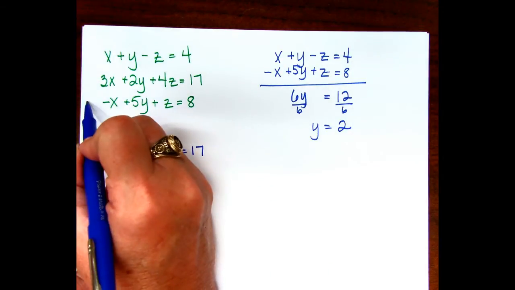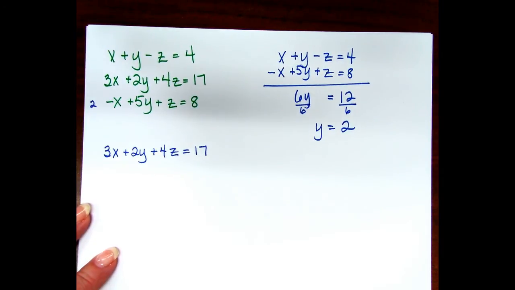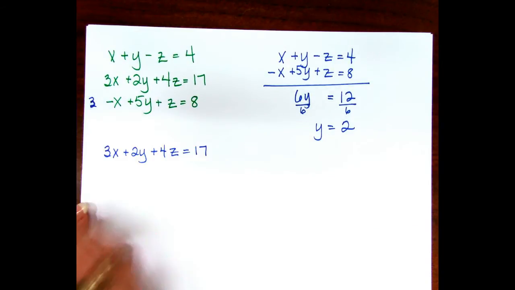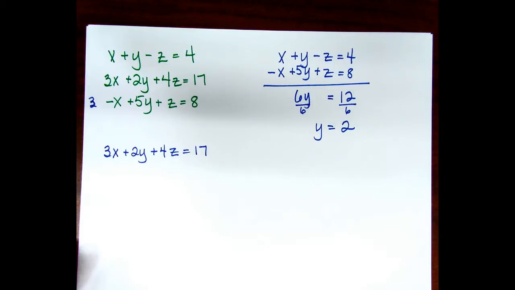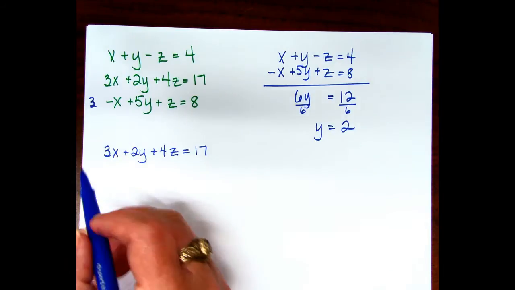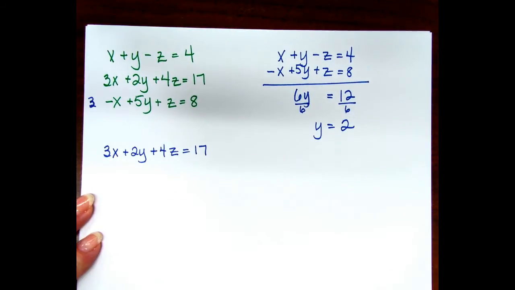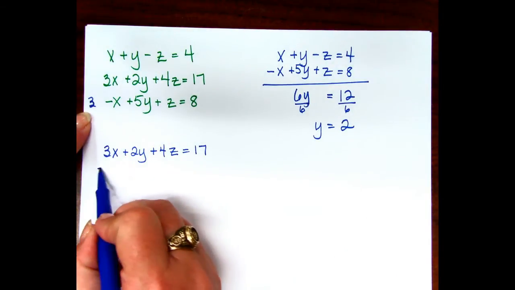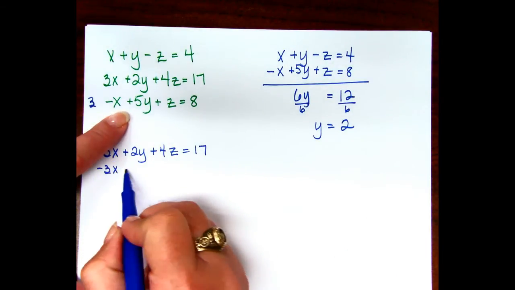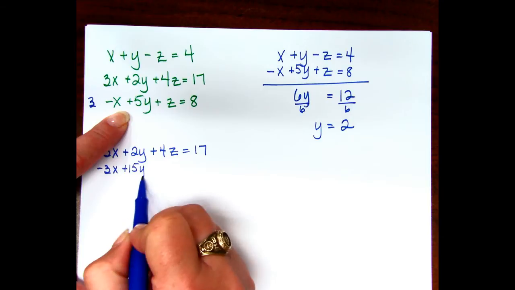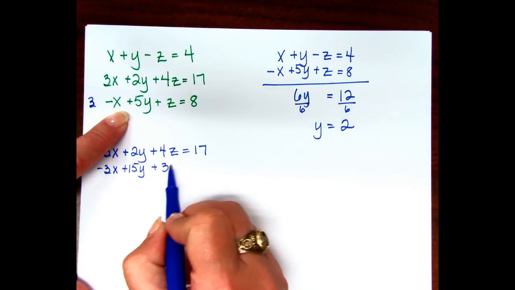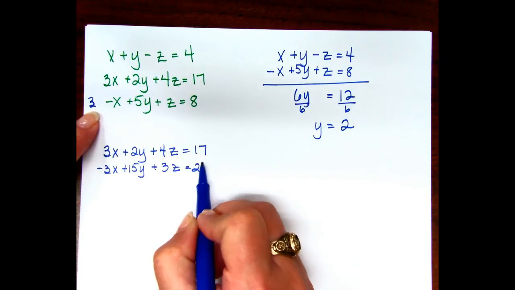And then I'm going to multiply my whole last equation by 3. I know I wrote 2, I'm sorry. I'm going to multiply my whole last equation by 3, and write it underneath that. Are you okay with that? So negative 3x plus 15y plus 3z equals 24.